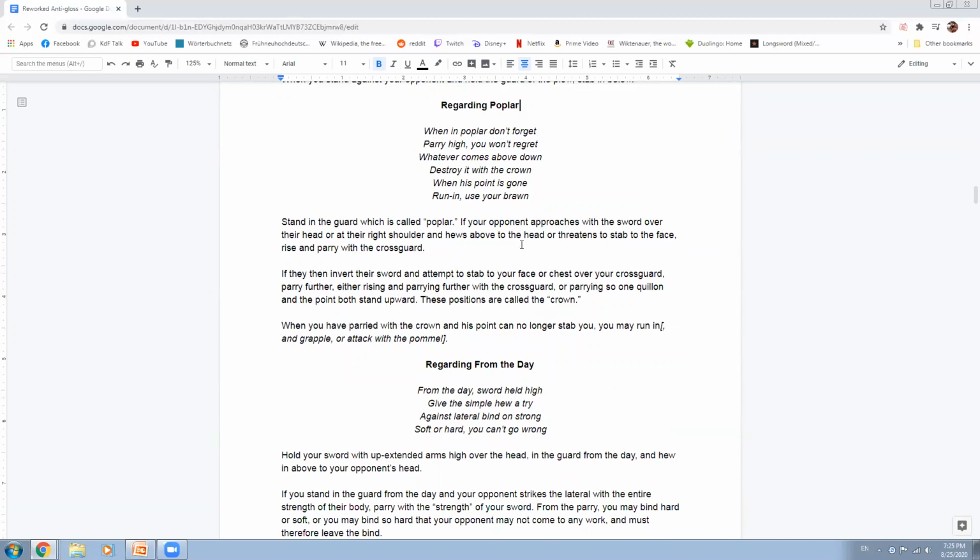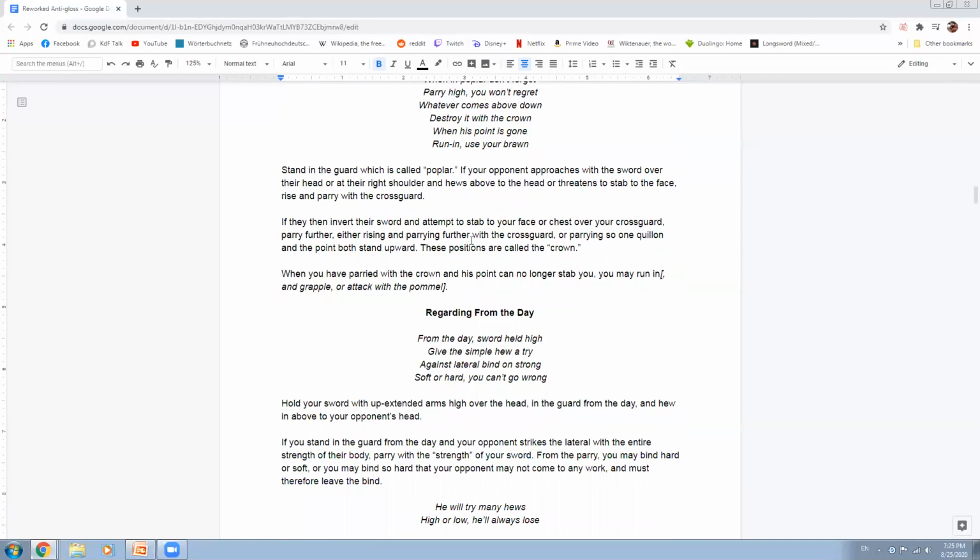So stand in the guard called Poplar. If they approach with the sword over their head and threaten to, I guess, cut or stab to the face, then parry with the cross guard. If they rise further, then parry higher with the crown. And once you've done that, you can run in.